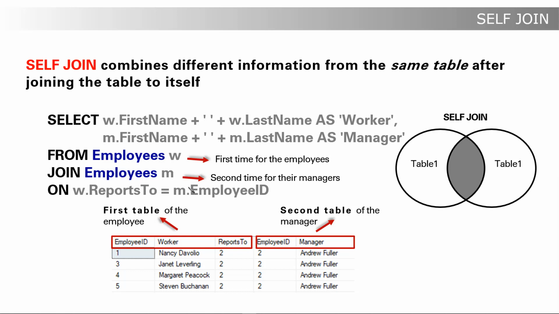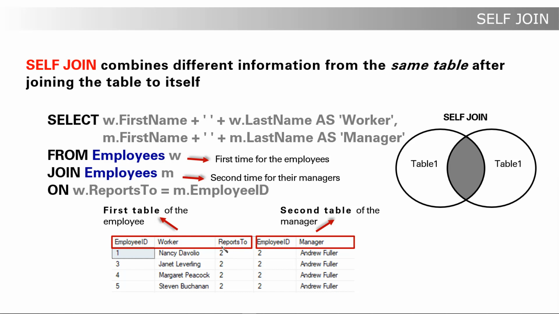So if we connect this, in the first table we'll get the employee ID and the worker, and from the same table but joined to itself, we'll get the employee that this worker reports to. So it will be like this. We have the employee ID 1, 3, 4, 5, the name of the worker, Nancy Davolio, Janet Leverling, and so on.